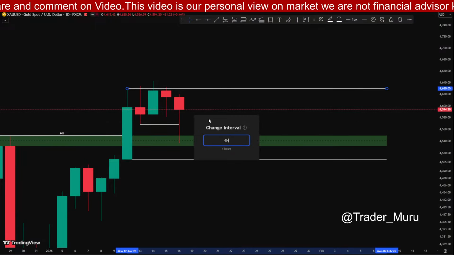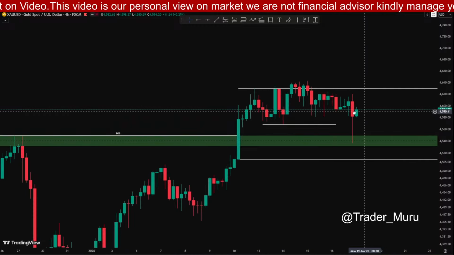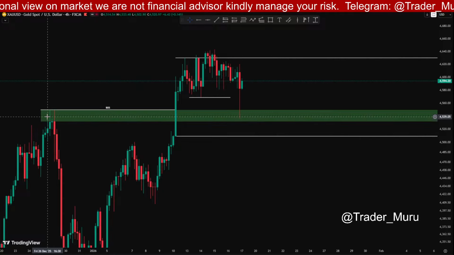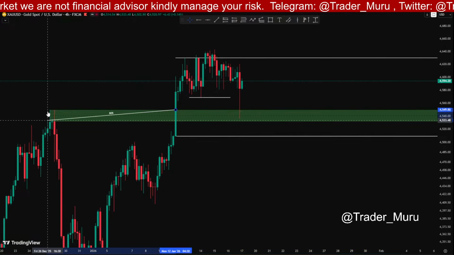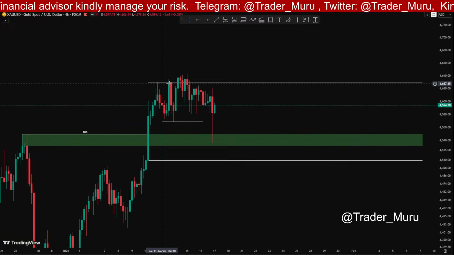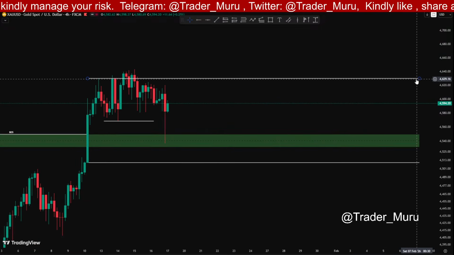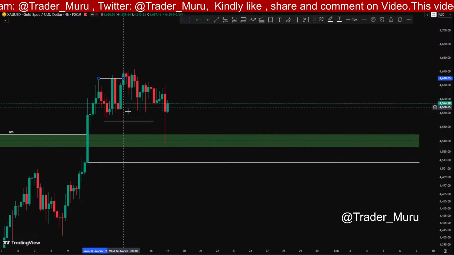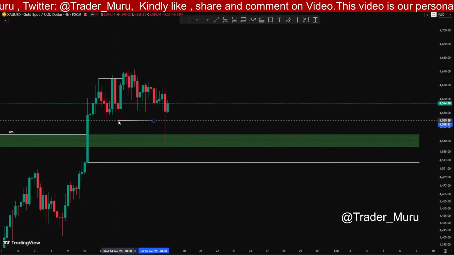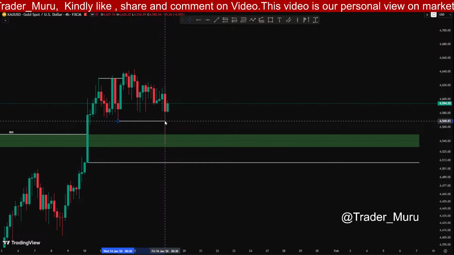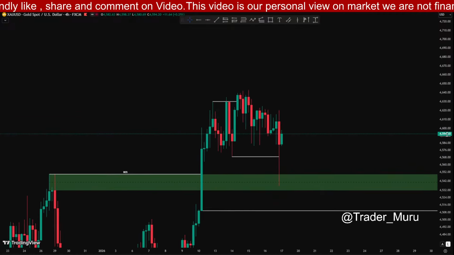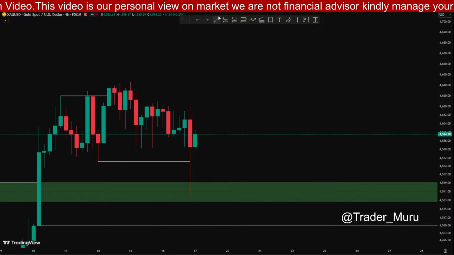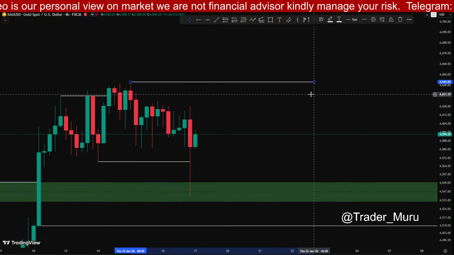Now let's see the 1 hour and 4 hour time frames. In the 4 hour time frame, after this breakout structure here, we have the last breakout structure at this zone, and this was the low price should not break. As you can see, we don't have any candle closing below, so this is still a bullish structure.